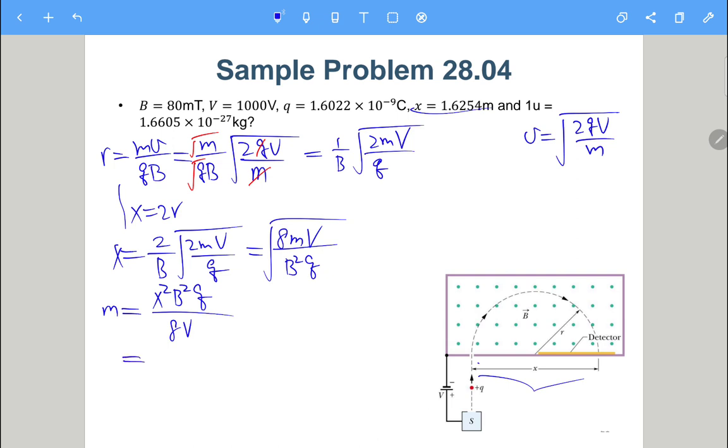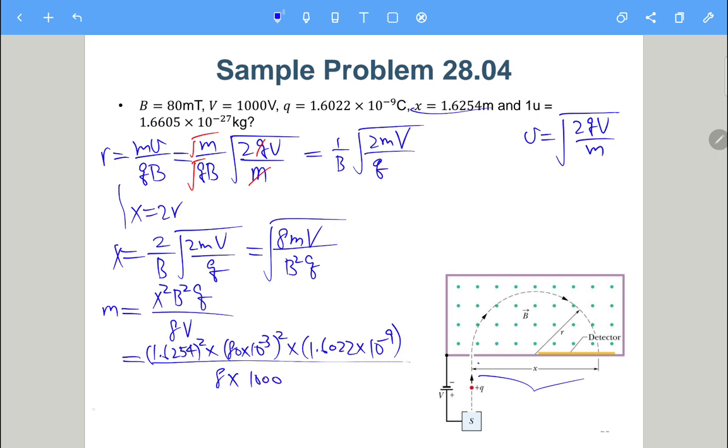Now we can substitute the numbers in. So we have 1.6254 quantity squared, times B, which is 80 millitesla, so 80 times 10 to the minus third power and then squared, and then times q, which is 1.6022 times 10 to the minus 19, and then 8 times V, which is 1000 volts.